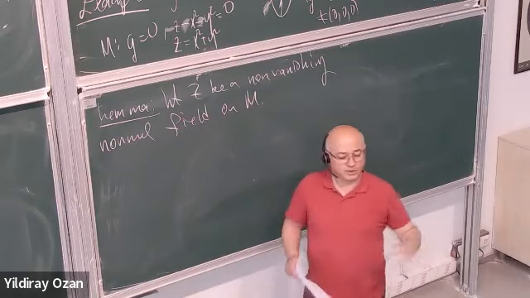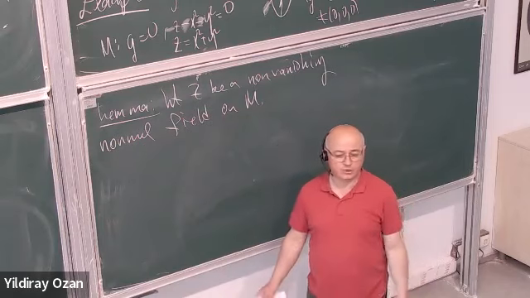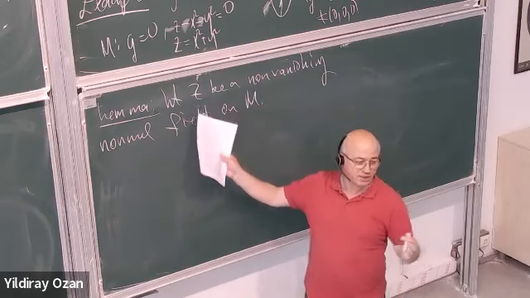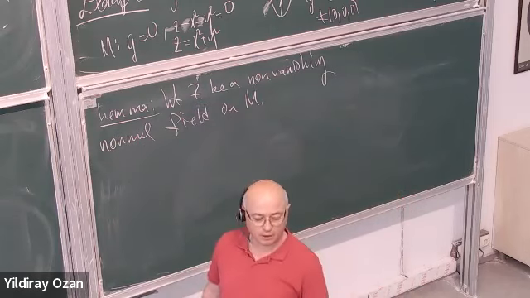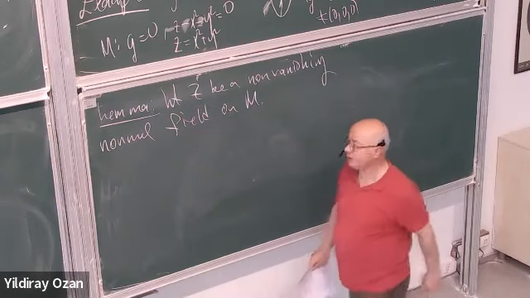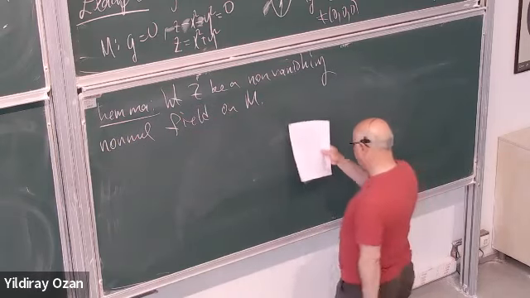If your surface is given by an equation G equals 0, then Z is just the gradient of G, if 0 is a regular value of your function, of course.